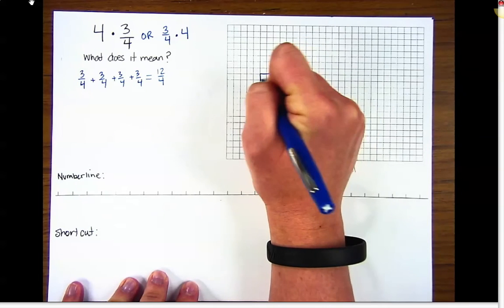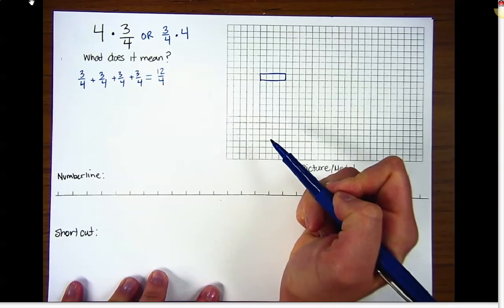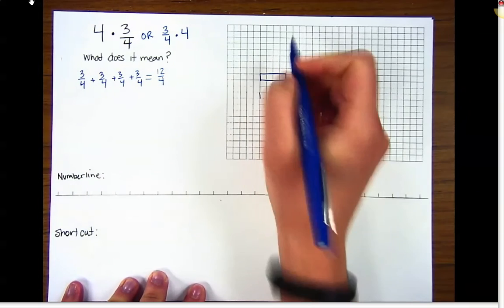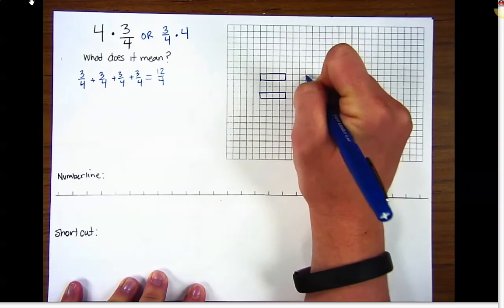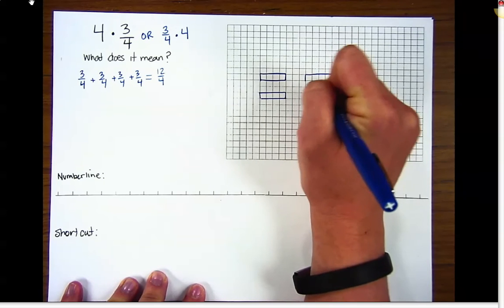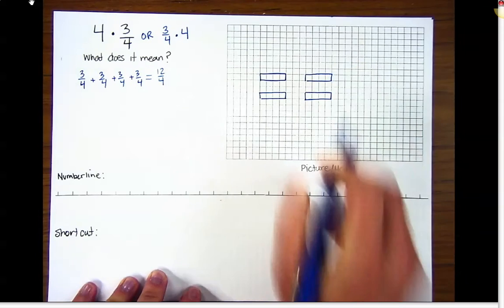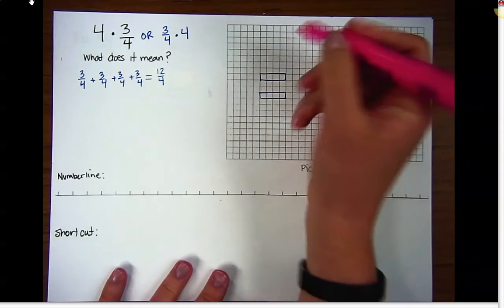Since 4 make a whole, I'm going to outline 4 boxes. And I have a whole number of 4, which means I'm going to do this 4 times. Now I need to go back and actually color in 3 out of the 4 boxes.